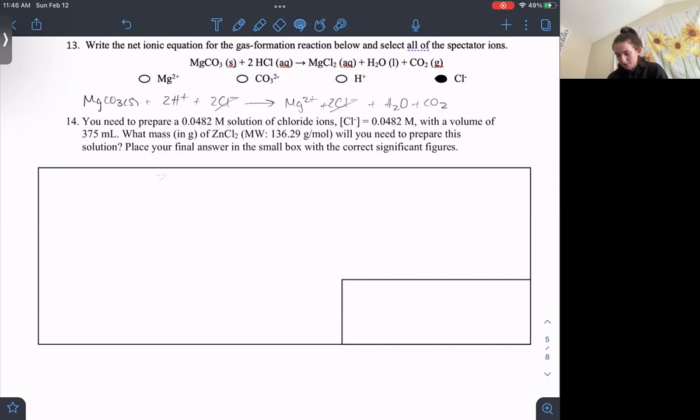So my first thing I'm going to do is say that zinc chloride will dissolve, right, if it's aqueous, as zinc 2+ and 2Cl-. What questions do we have about me writing it like this? How it looked like that, and how I knew it, anything like that.